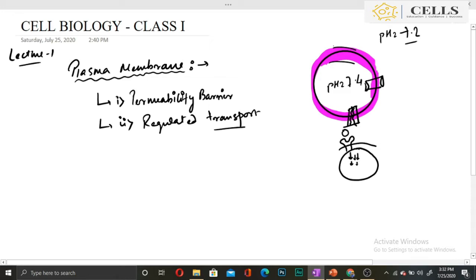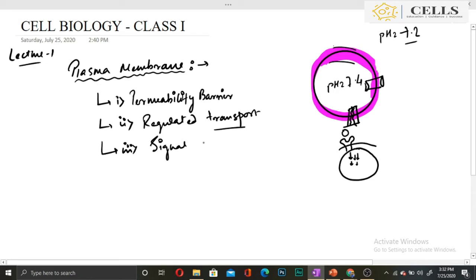So in the plasma membrane several receptors are present, and when they bind with ligands, they initiate signal transduction. So the third important function is signal transduction.